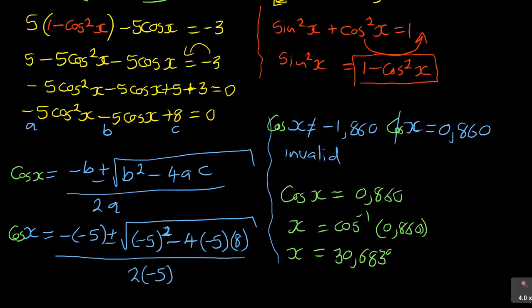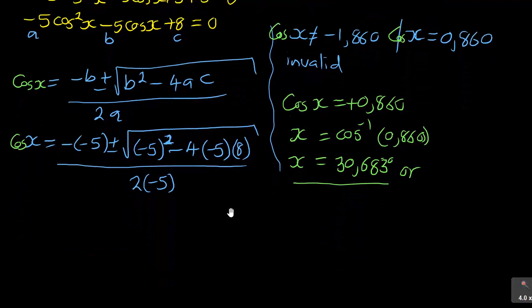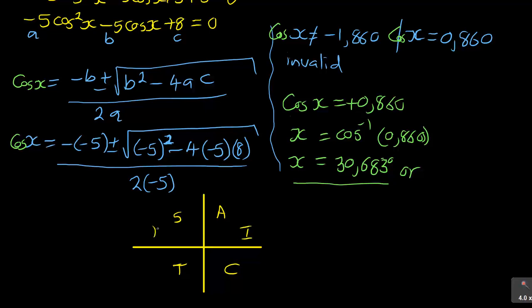Now, since our cos is positive, if there is no sign there, it means it's positive. So x is that, which is in the first quadrant, which is fine. Or remember, according to your CAST diagram, if I can quickly draw this, all students take chemistry, this is quadrant 1, this is 2, this is 3, and this is 4.